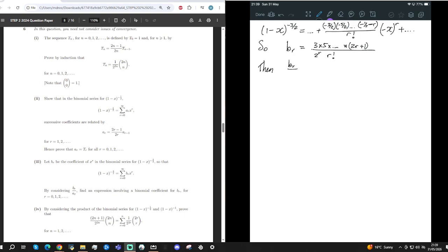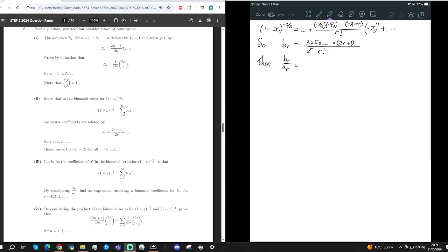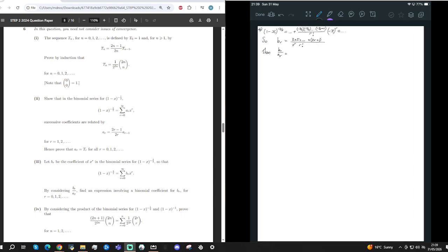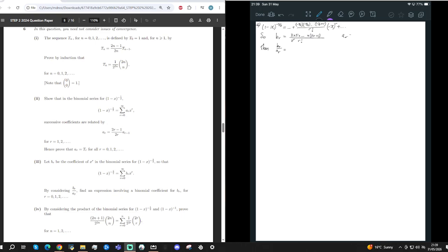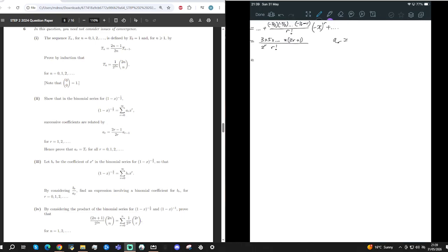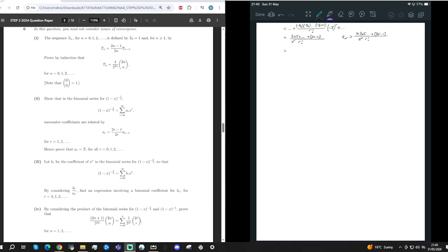Now the question told us to think about BR over AR. I haven't put the question number on the side, part 3. BR over AR, and this is probably where I need AR from before. So AR was 1 times 3 times 5 to 2r minus 1 over 2 to the r factorial.